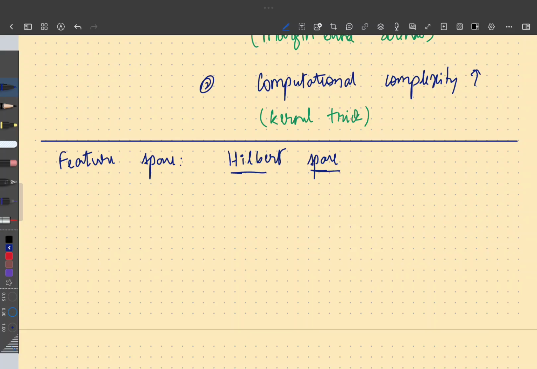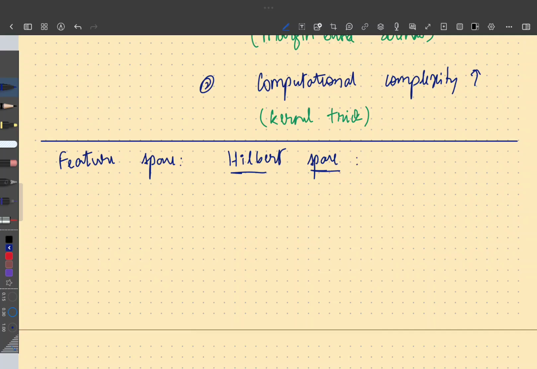So it's not any arbitrary vector space. If it's R^d' for some d', then that's also already a Hilbert space. But more generally, it can be even an infinite dimensional space, not necessarily finite dimensional.